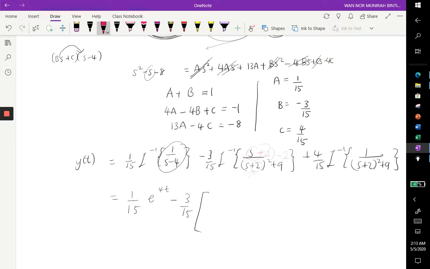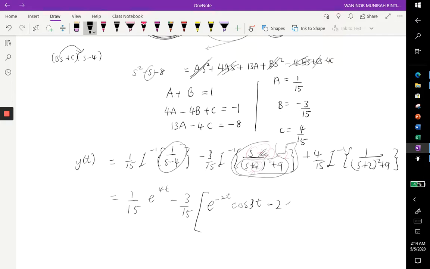So we have the Laplace inverse of this one, minus 2 times the Laplace inverse of this one. For the first one, S plus 2 over the denominator, you have e to the negative 2t, times the Laplace inverse of S over S square plus 9, which gives cos 3t. Then minus 2 times the Laplace inverse of 1 over (S plus 2) square plus 9.